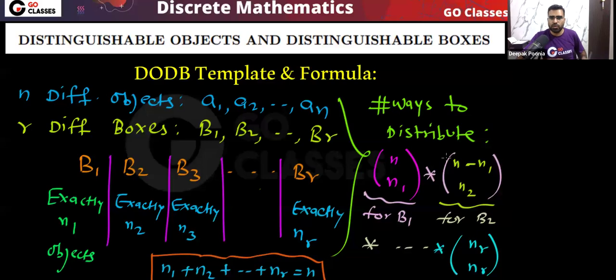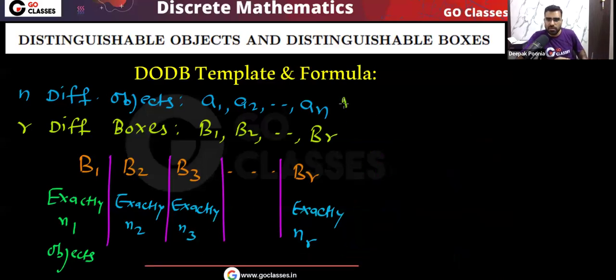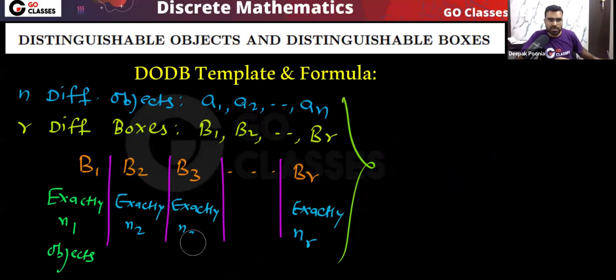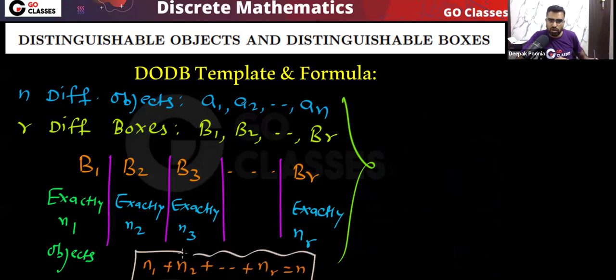Very simple. If you simplify this value, here is an important point: we want to distribute all the elements, remember. So n1 plus n2 plus and so on nr should be equal to n. When we distribute all the n elements, what is the number of ways to distribute?